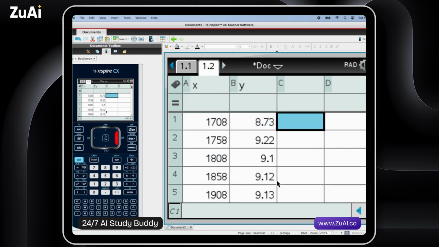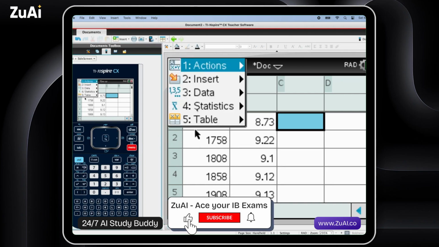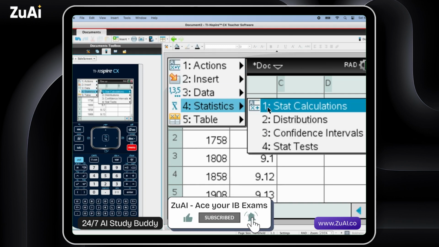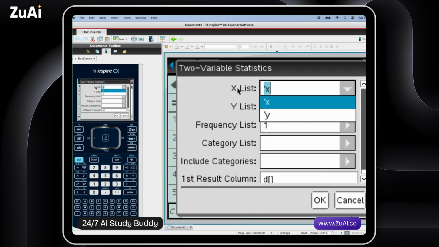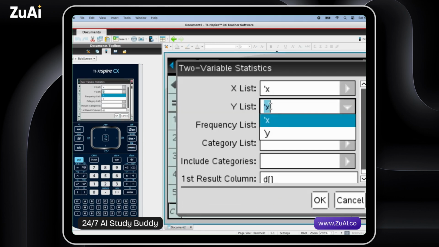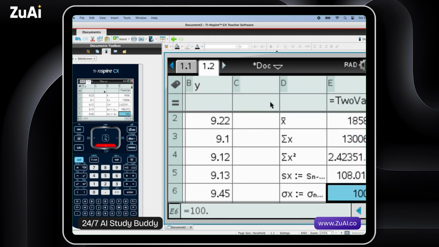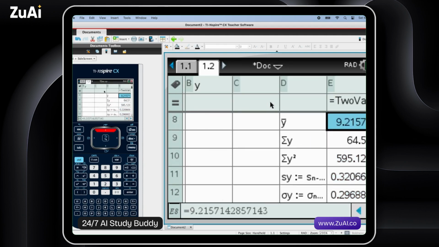Okay. So after this, if we want to create a linear regression, we'll go Menu, Statistics, and we want to go Stat Calculations. And in this case, we have two variables. We're relating time and temperature. So two-variable statistics, tell the calculator where you put the x, where's the y. Oh, I'm sorry, two-variable statistics is actually incorrect.